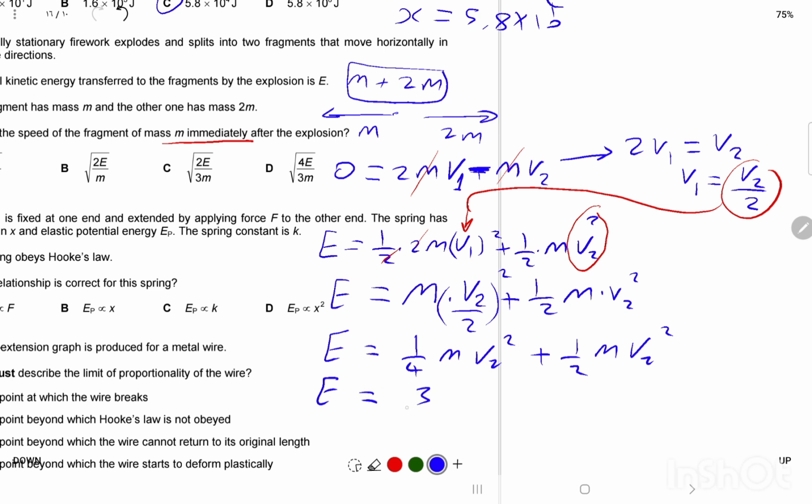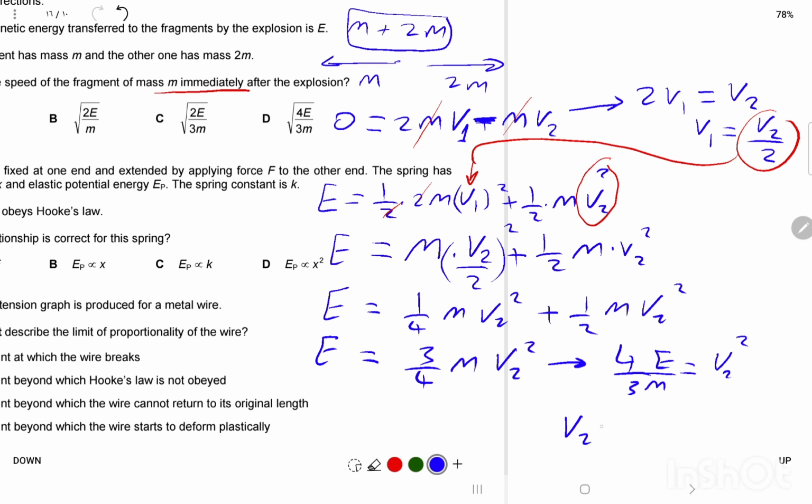Energy is equal to 3 over 4 mv2 squared, and this means 4 over 3 energy over m is equal to v2 squared. Now if you take the square root from both sides, 4E over 3 square rooted, so v2 is equal to square root of 4E over 3m, and this is option D.